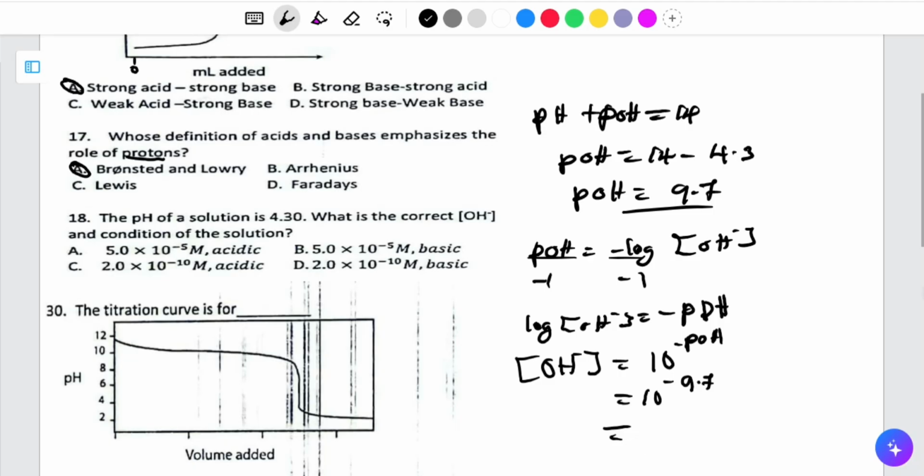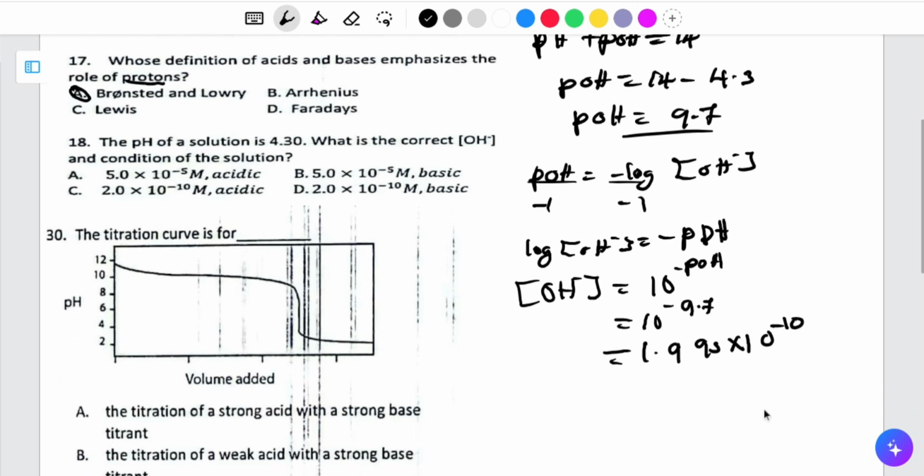So here I'm going to have 1.995 multiplied by 10 to the power negative 10. Okay, so to round off this one, you can just say this is 2.0 multiplied by 10 to the power negative 10. So according to this, what can we say about this solution?